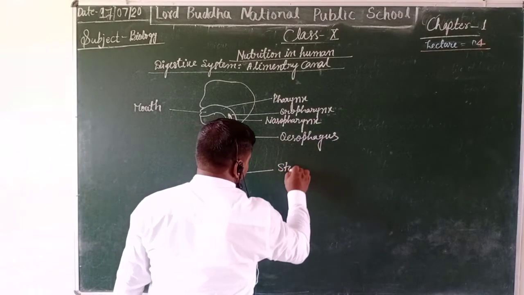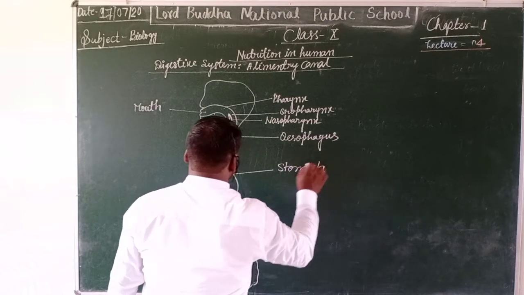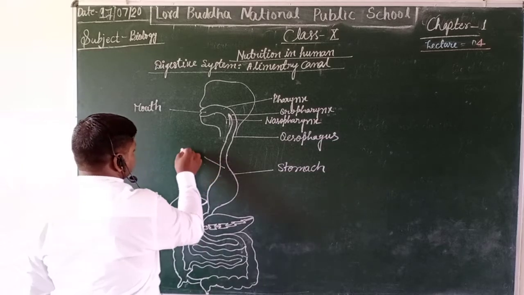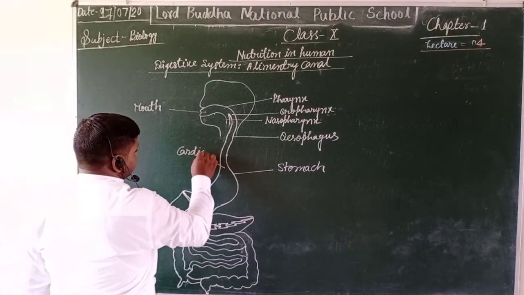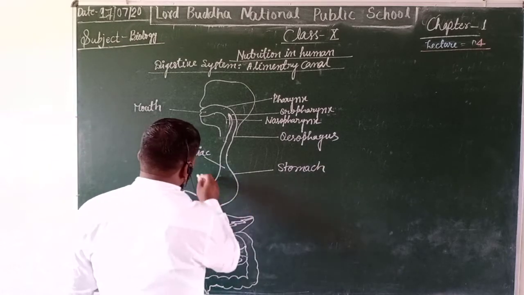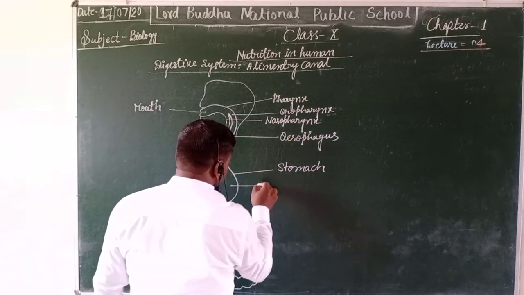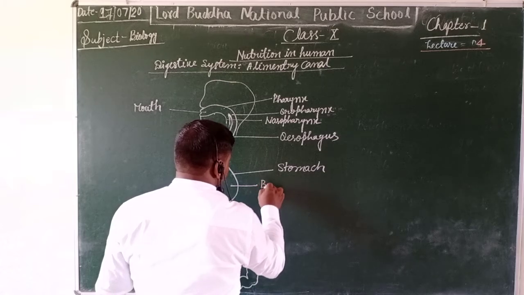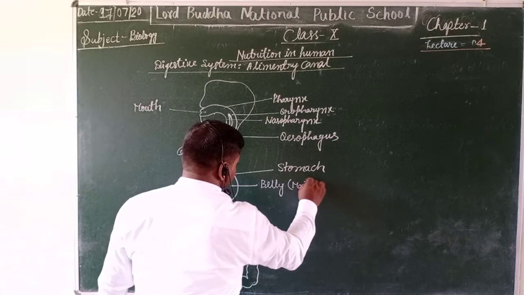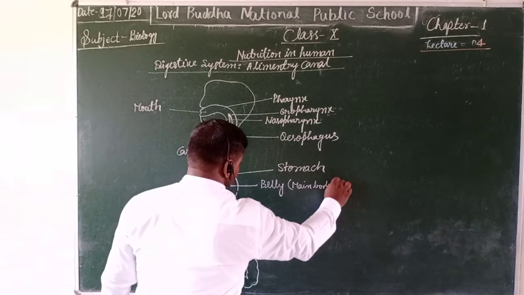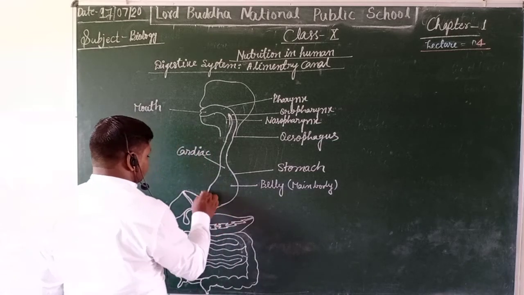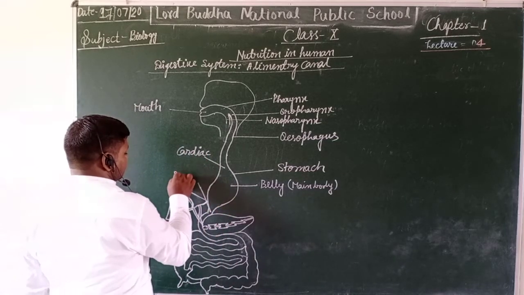Stomach. The stomach has three parts. Cardia, which comes close to the heart. Belly, the main body, and pyloric.